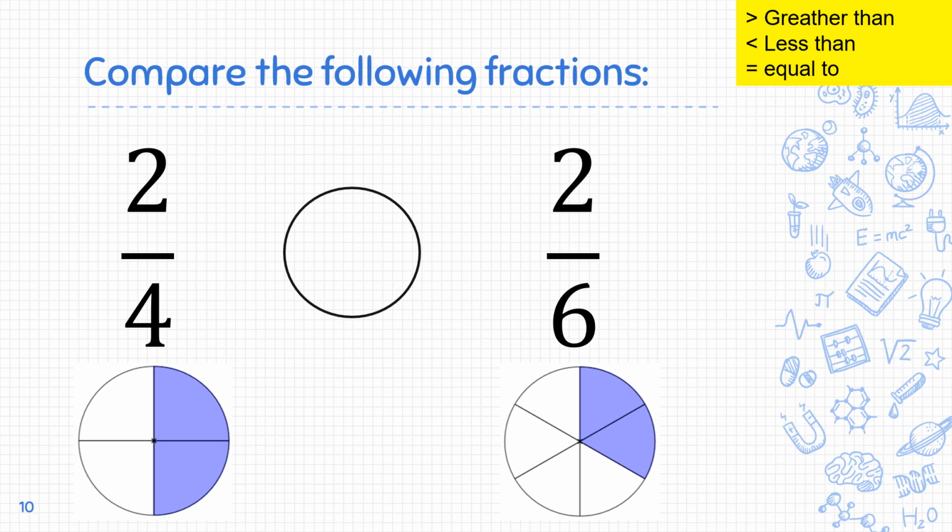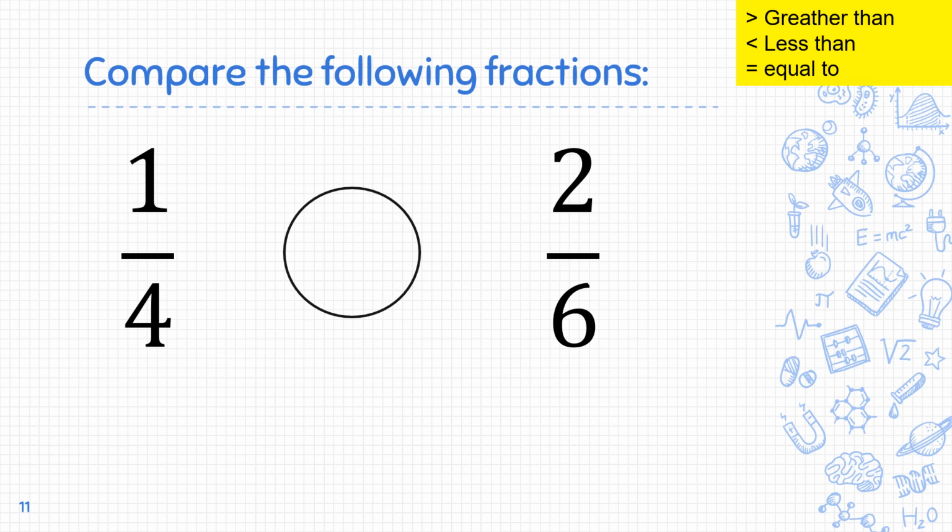Which one has more color? That's right, 2/4. That means that 2/4 is greater than 2/6. The more a whole is divided, the smaller the pieces are going to be.